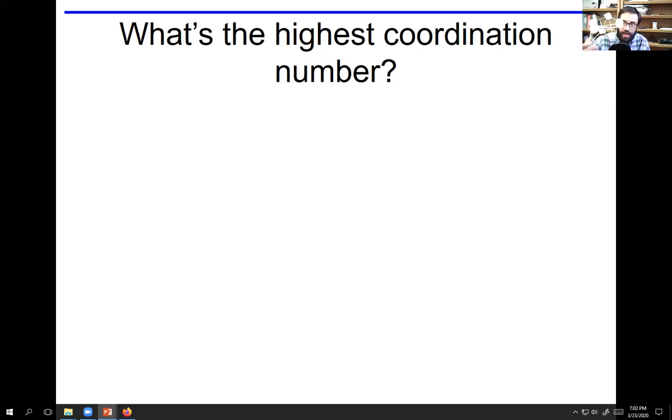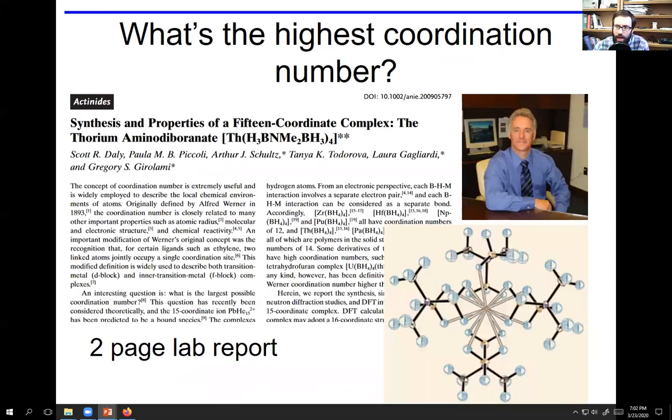This is called a tri-capped octahedron. And anyway, there's some other ones. So they're super interesting, and it can get kind of complex. You can have multiple different geometries, and we actually go beyond VSEPR. But anyway, you can get up to 15 coordinate.